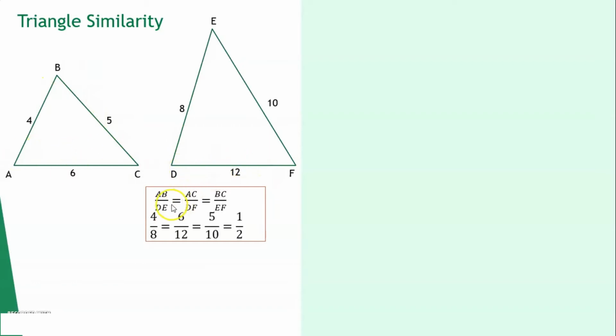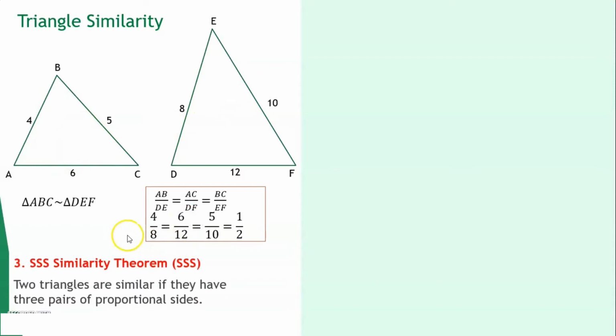Substituting this, we have 4/8, 6/12, and 5/10, which when you simplify all of this, will equate to 1/2. So given this, these two triangles are similar based on the SSS similarity theorem that states two triangles are similar if they have three pairs of proportional sides.